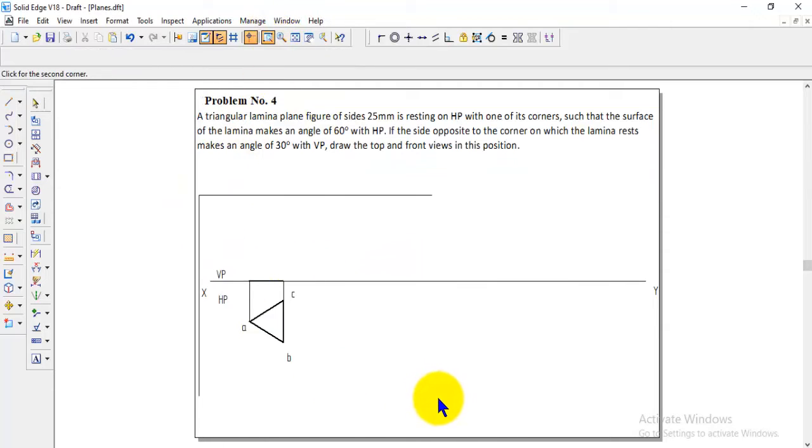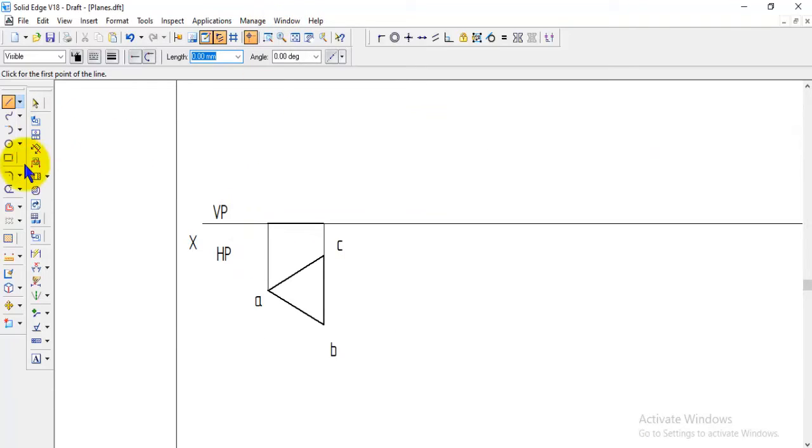We can zoom this area to get a clear view. Coming to the naming, here only A is there, so this will be A dash, and B is first and C is second, so B dash C dash, and close the bracket.